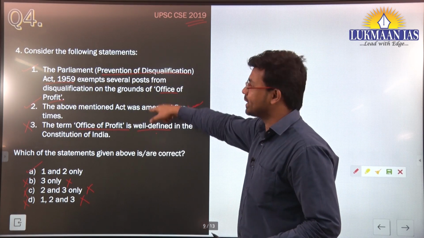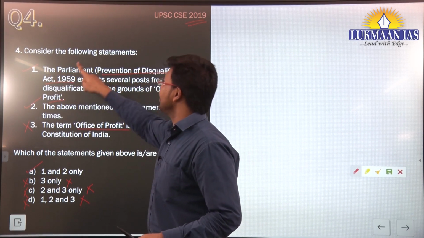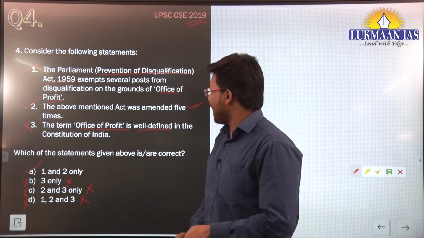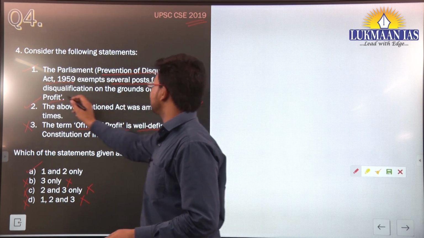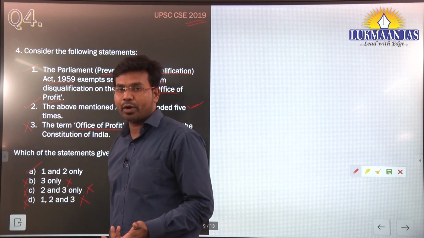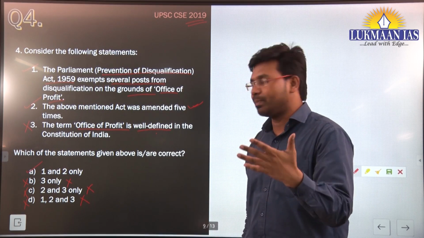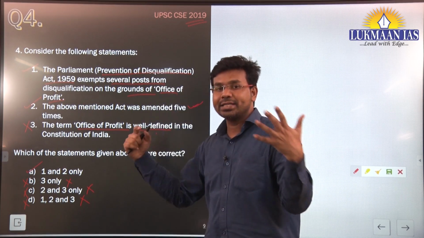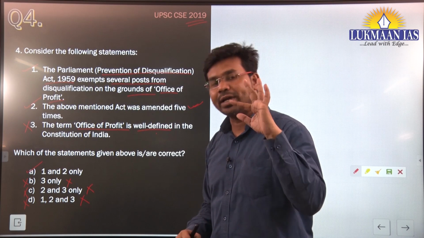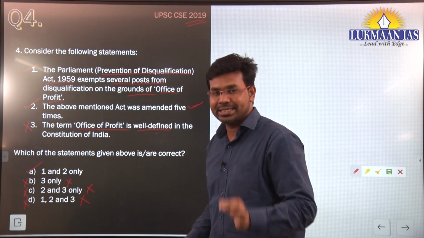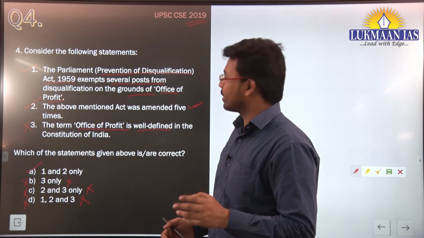The Parliament Prevention of Disqualification Act 1959 exempts several posts from disqualification on the ground of office of profit, and these posts include parliamentarians, vice chancellors of universities, various other posts, and the officers of the NCC, National Cadet Corps.